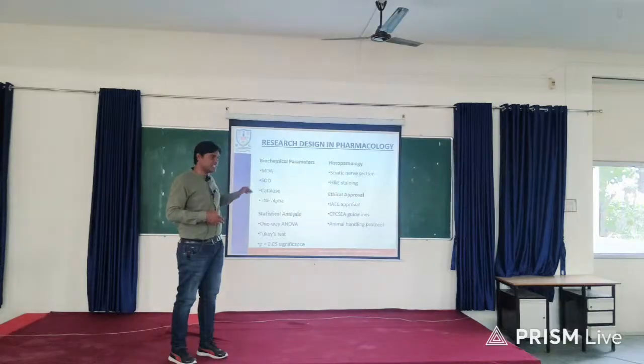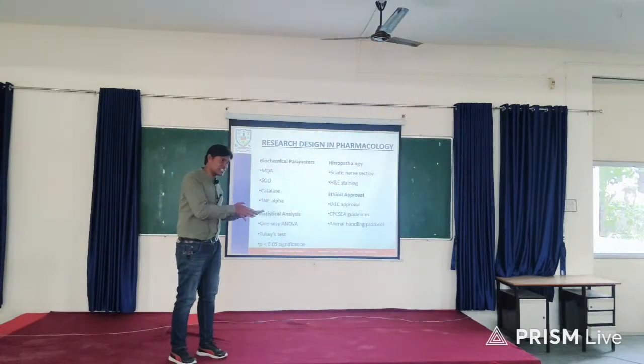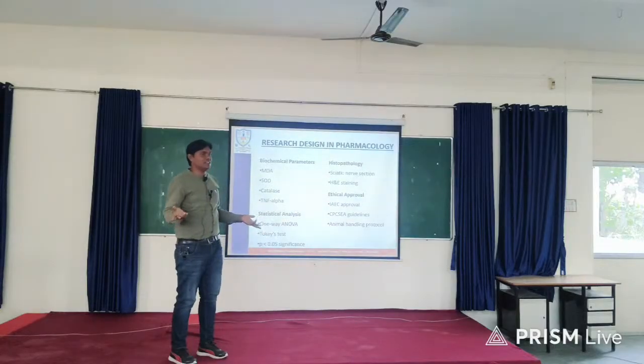If oxidative stress is decreasing, it means the herbal extract decreases oxidative stress, because in the first slide itself I told what is actually contributing to neurodegeneration in diabetic neuropathy: oxidative stress. So if your extract is able to reduce the stress, then you can conclude that this extract has a neuroprotective effect.